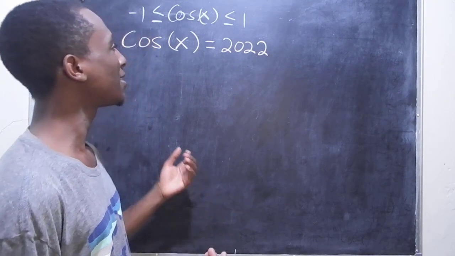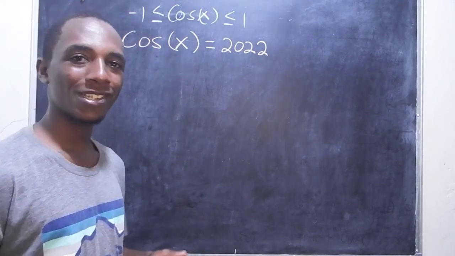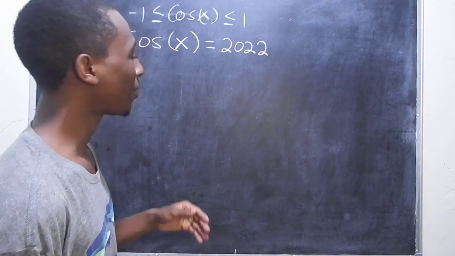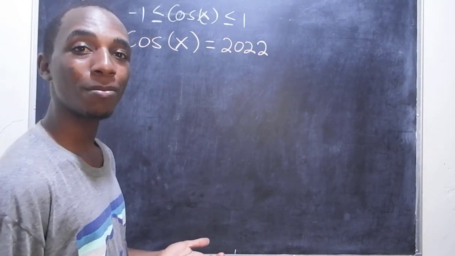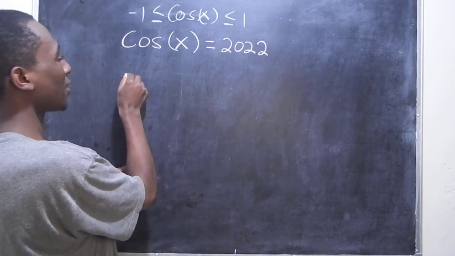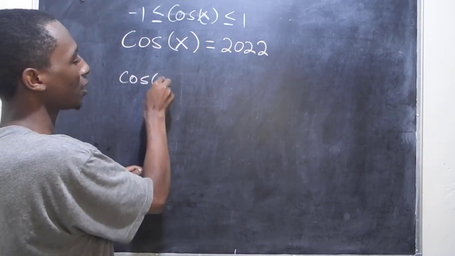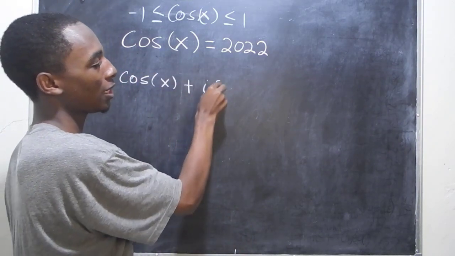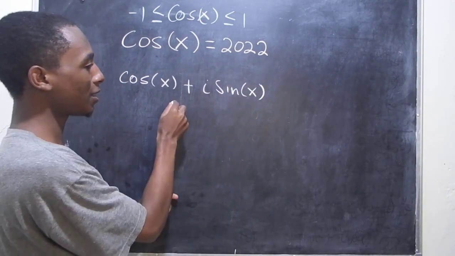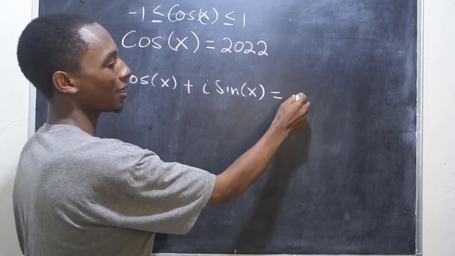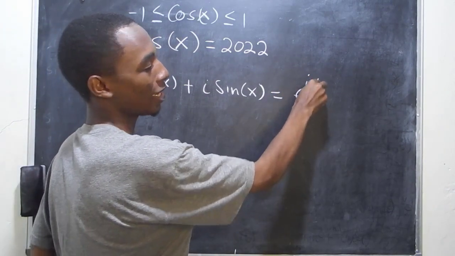The way we'll begin this is by writing cosine x in some other fashion, which is in form of a complex number. Of course, a complex number can be written in polar form as cosine of x plus i sine of x, and this right here is the same as e to the power ix.